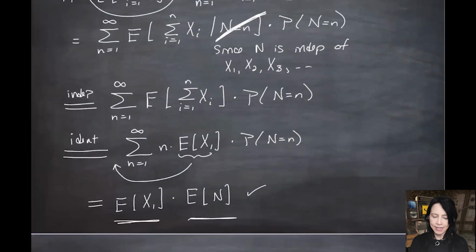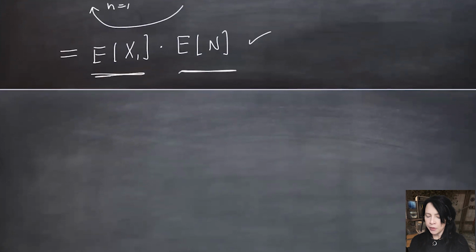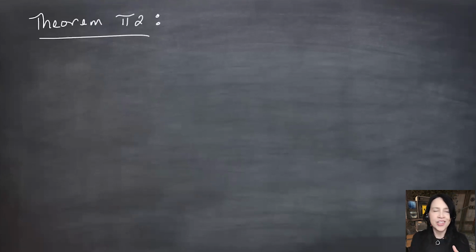So with that, we're ready to state theorem pi 2. We have these pi theorems, and they all go with the limiting or stationary distribution of a Markov chain, which in most cases are the same thing, not all the time.